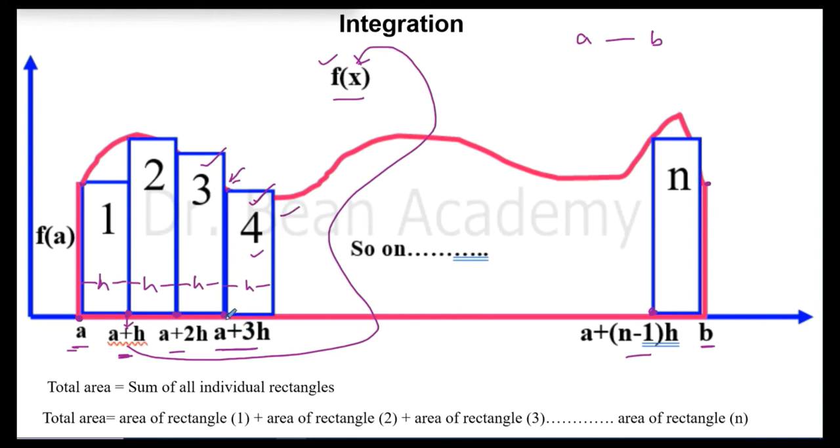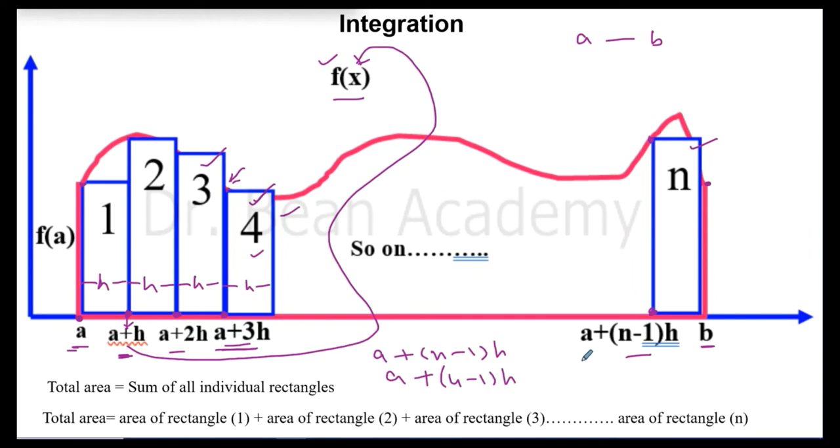So here this is located at a plus 3h. You see, a plus 3h is the same as a plus n minus 1 times h, and this is the fourth rectangle. So a plus 4 minus 1 times h, a plus 3h. So similarly for the nth rectangle, this is the left vertical line which is touching the function here.